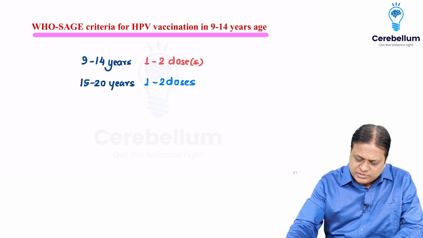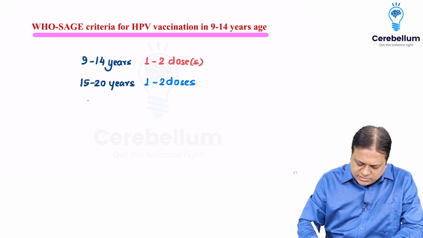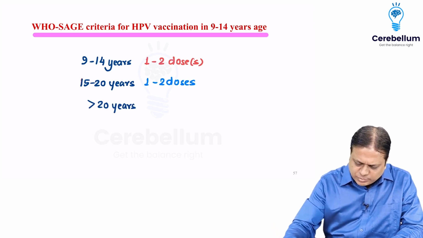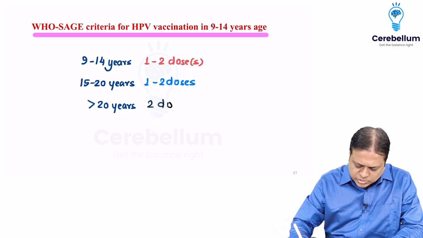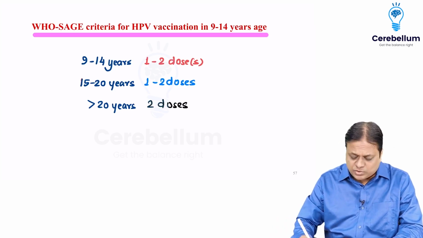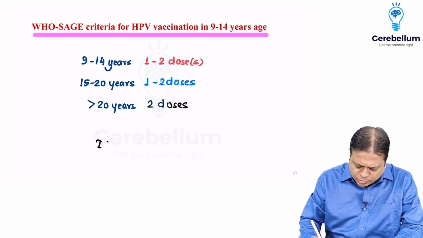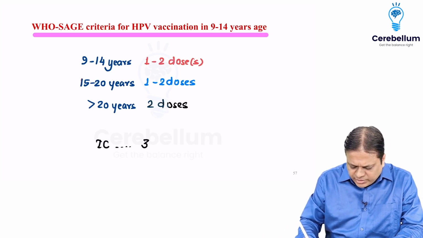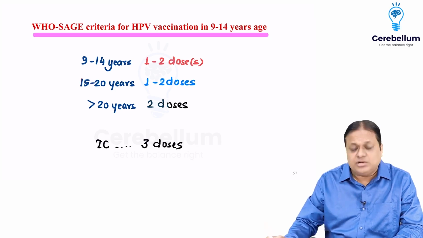But if age of the girl is more than 20 years of age, then this woman is going to require 2 doses. In cases of immunocompromised state, 3 doses should be administered to the woman.